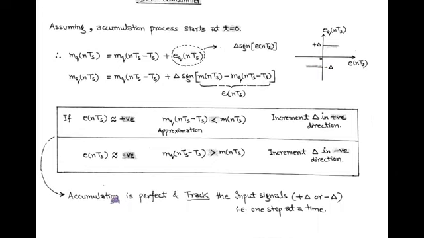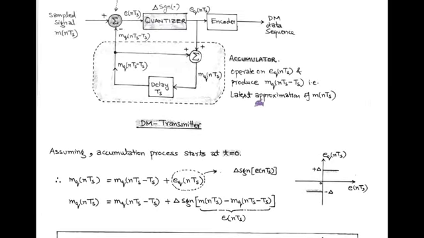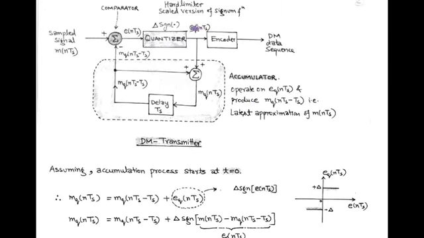So there is a perfect accumulation, and the quantized signal tracks the input signal by plus delta or minus delta, that is one step at a time. In the DM transmitter, the accumulator works on the quantized error signal and produces the latest approximation mq(nTs - Ts) corresponding to the sampled version m(nTs).